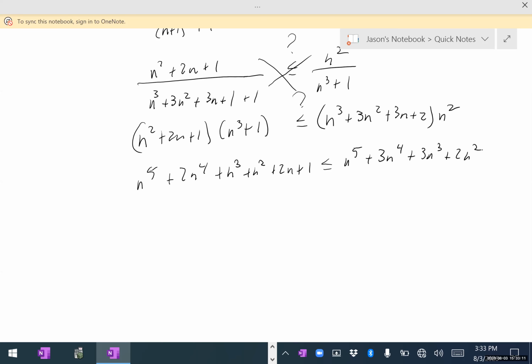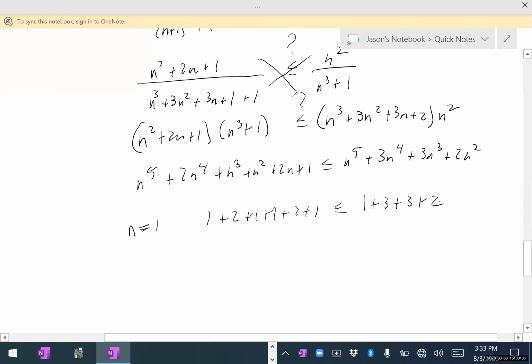Okay, so let's check for n equals 1. Let's check for the first term, n equals 1. Does this work? So let's plug in 1. 1 plus 2 plus 1 plus 1 plus 2 plus 1. Is that less than or equal to 1 plus 3 plus 3 plus 2?